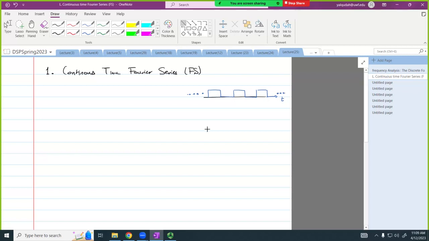Anybody remember? It's going to be discrete, and it's going to look something like this. And these are the harmonics that make up this signal.